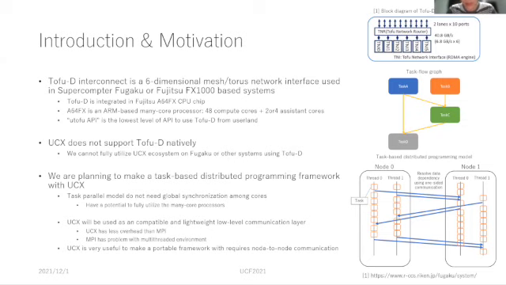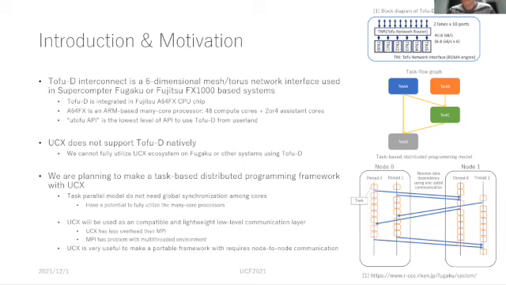The A64FX chip is an ARM-based many-core processor. It has 48 compute cores and 2 or 4 assistant cores. The compute cores do the computation, and the assistant cores process the OS threads, or work around the OS. If we want to use the Tofu network from user land, the Tofu API is provided by Fujitsu, and it is the lowest level API to use Tofu from user land.